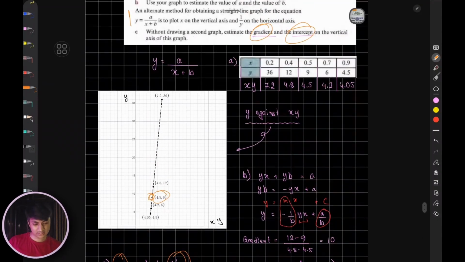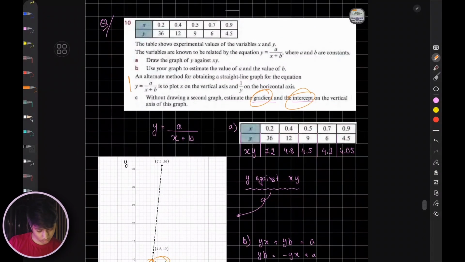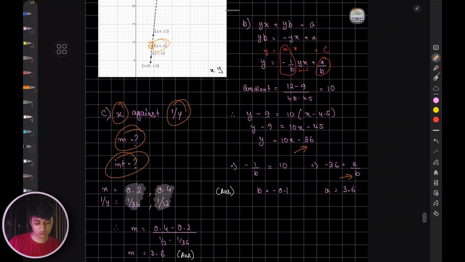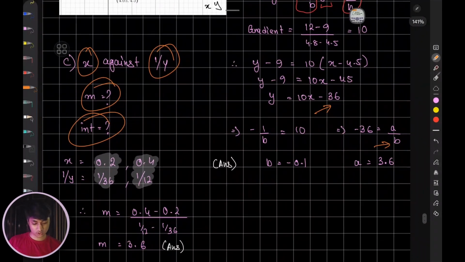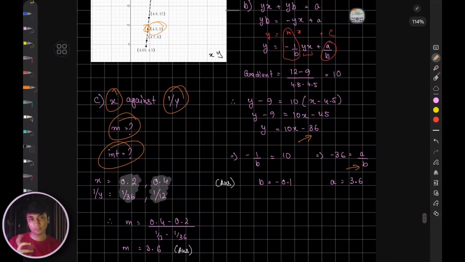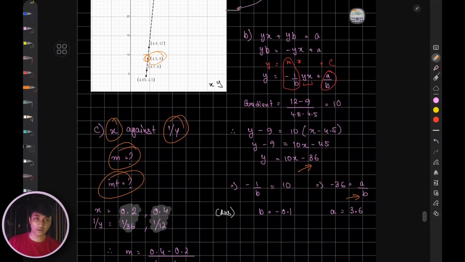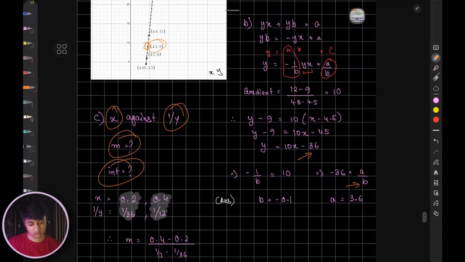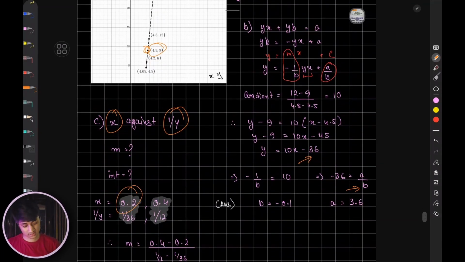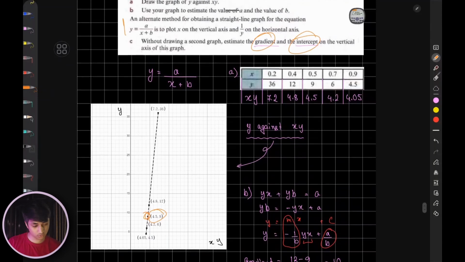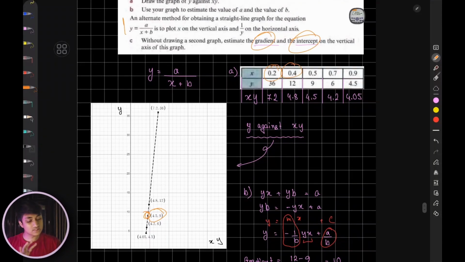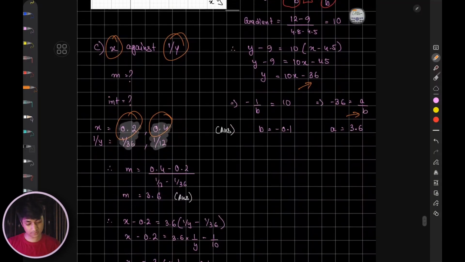Very simply, what did they ask not to do? Without drawing a second graph. Okay, you don't need to draw anyways. So what you would do is basically find a pair of values. How? You already know the x coordinates 0.2 and 0.4, which is given to you. Let's say I take these two values. You can take any two, doesn't matter. I'm going to take 0.2 and 0.4, right?